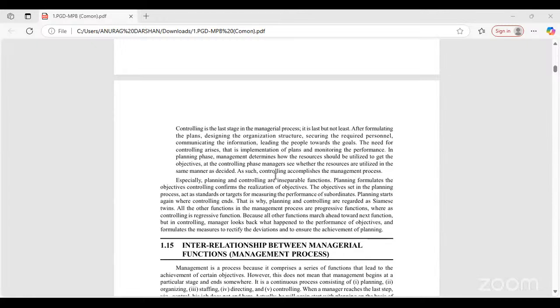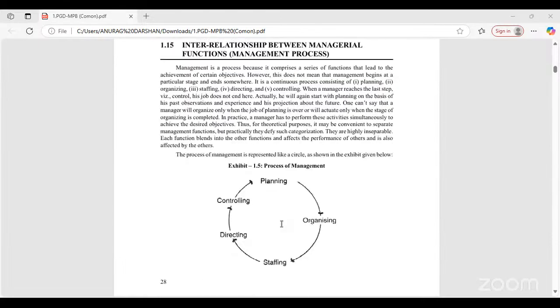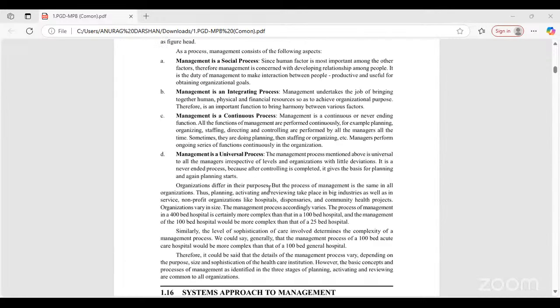Finally, coordinating means helping each other: I help you, you help me, and together we get the results. So these are the principles of management, and the process is planning, organizing, staffing, directing, and controlling.